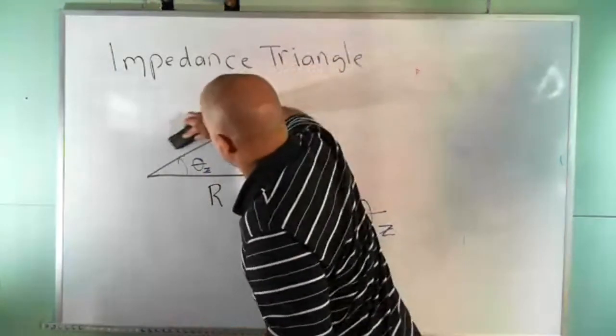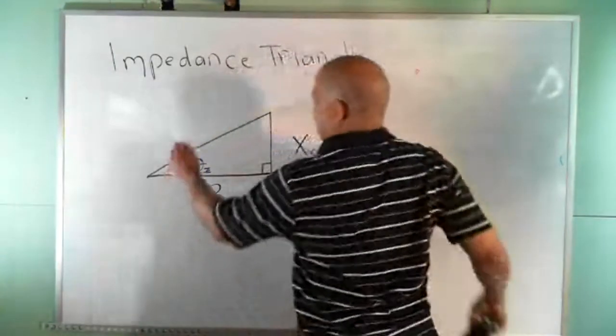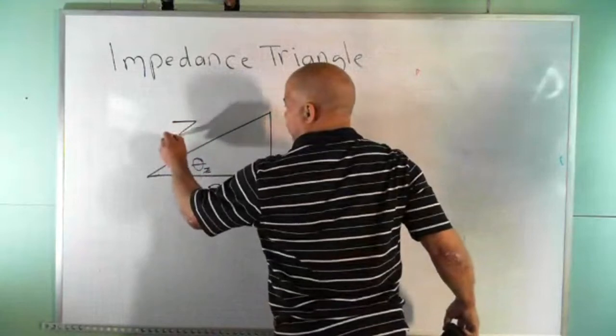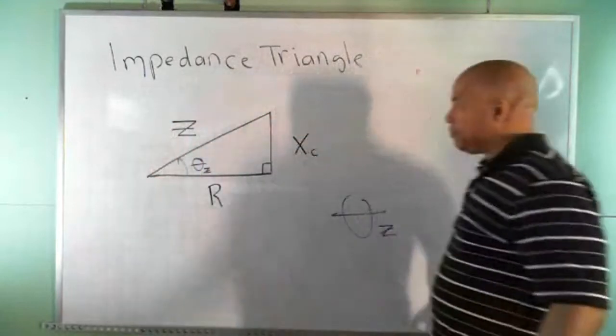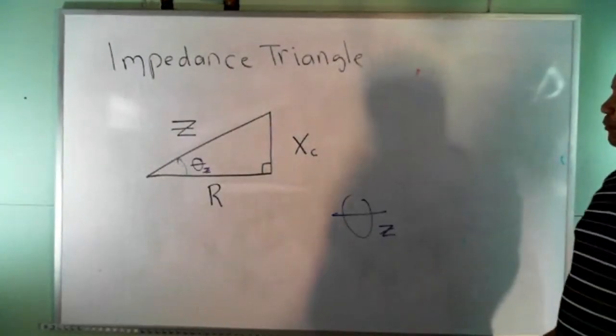And I didn't give you the symbol for impedance, but for impedance, we use Z.